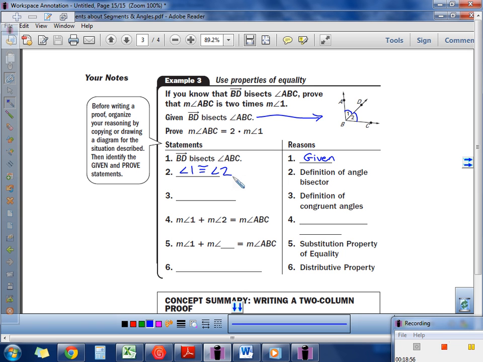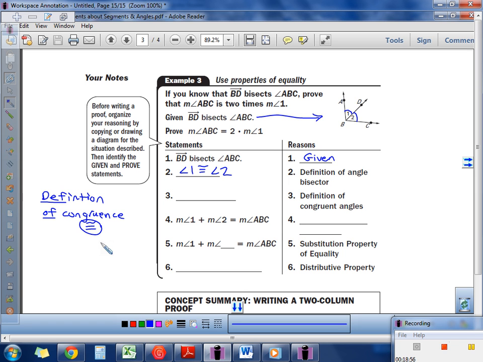Now, there's one other definition that we haven't used a lot, and it's really kind of silly, but seen occasionally. It's called the definition of congruence. Sometimes I'll abbreviate and just put definition of congruence.